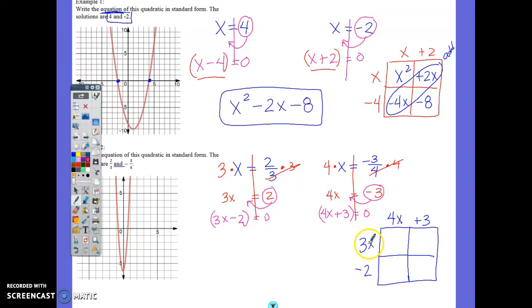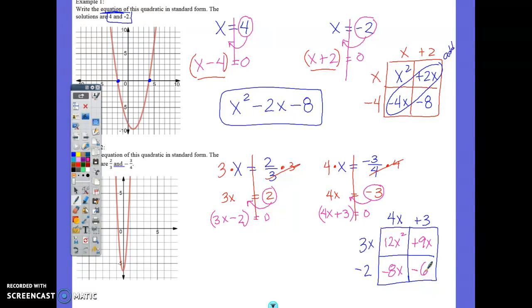What's 3x times 4x? 12x squared. What's 3x times 3? Positive 9x. 3 times 3 is 9. What's negative 2 times 4x? Negative 8x. And what's negative 2 times 3? Negative 6. Make sure that you get the signs correct.